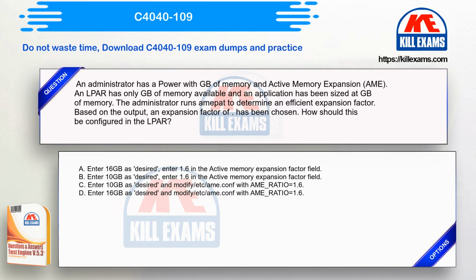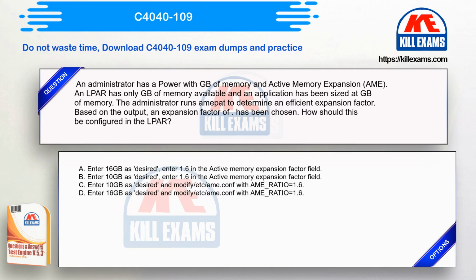Option A. Enter 16 GB as desired, enter 1.6 in the active memory expansion factor field. Option B. Enter 10 GB as desired, enter 1.6 in the active memory expansion factor field.